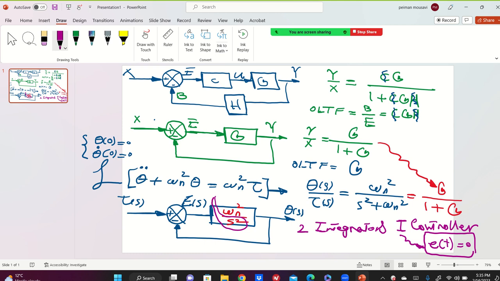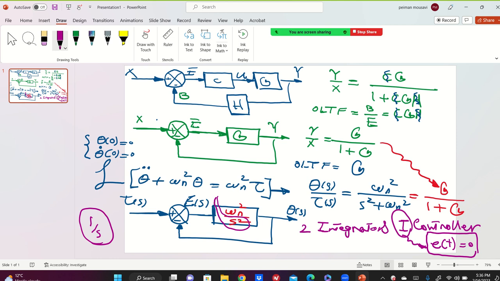By adding the I controller, if you have a steady state error signal, this is going to make that happen for you. I controller, simply speaking, 1 over s, the integrator, makes that happen for you. Okay? Clear? So now the question is how we calculate E of s. I'm going to stick to this problem, and then I'm going to move to MATLAB today.